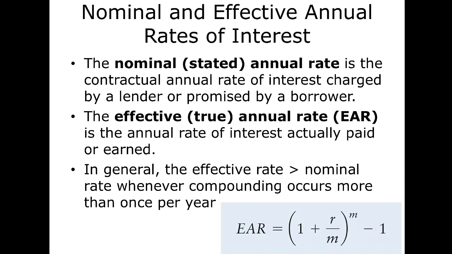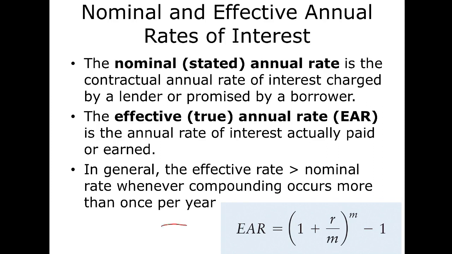Alternatively, we could calculate an effective or true annual rate. We call that the effective annual rate, EAR. The nominal rate or stated rate is a contractual amount, the amount that's in any loan document. However, if we're having more frequent than annual compounding, the actual true interest rate that we'll pay will be higher.